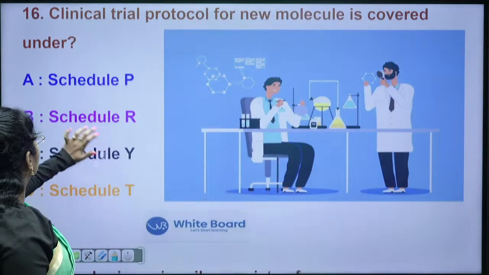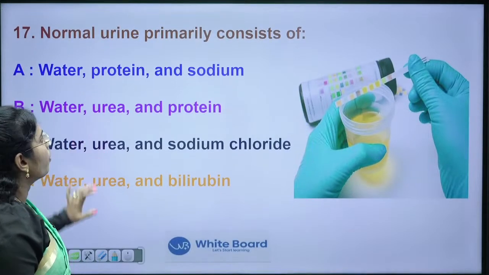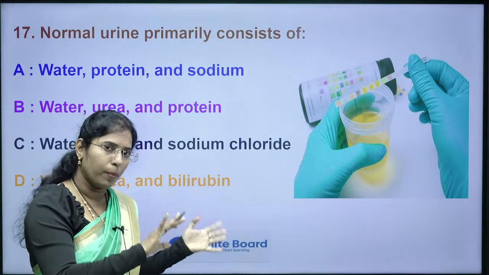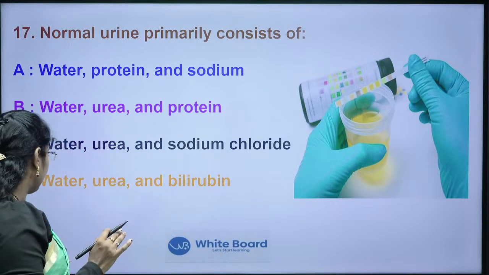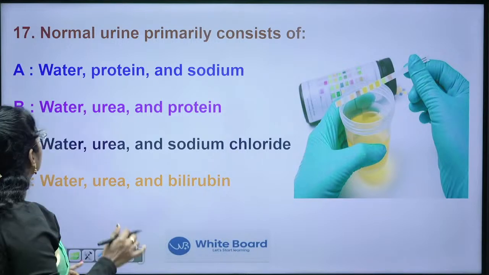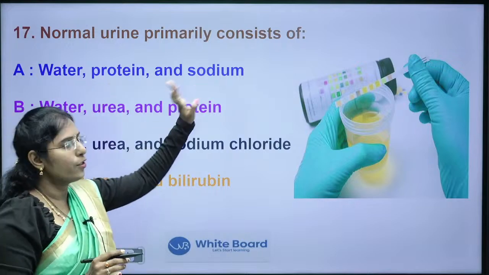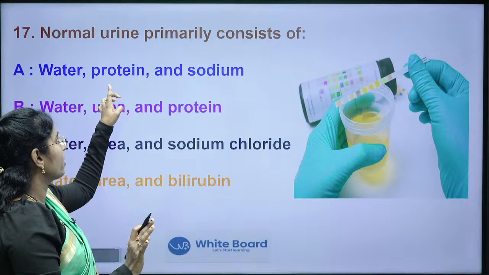Right. So coming to the next question, question 17. Normal urine primarily consists of what? There is normal urine and abnormal urine. Here the first option is water, protein and sodium. Water and sodium are common, but what else is included?